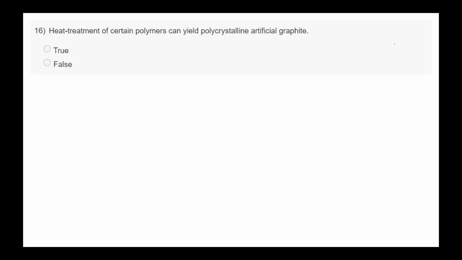Heat treatment of certain polymers can yield polycrystalline artificial graphite. True or false?